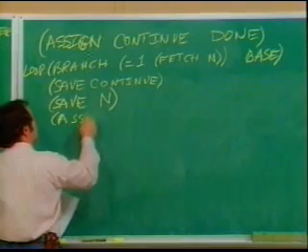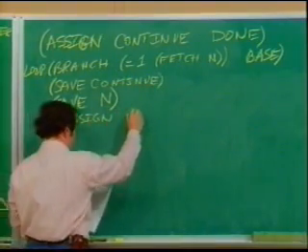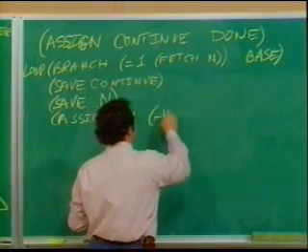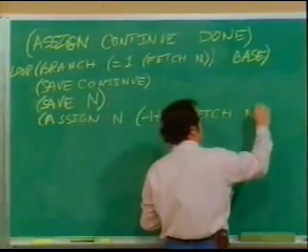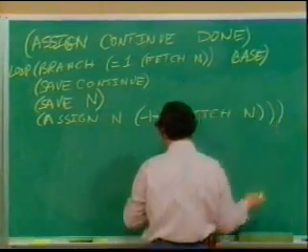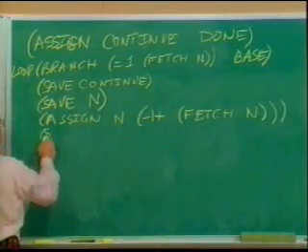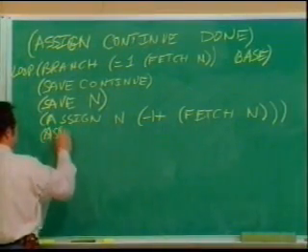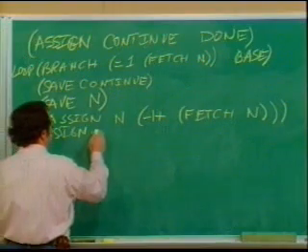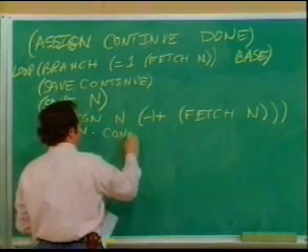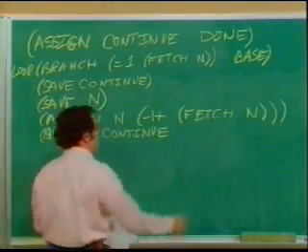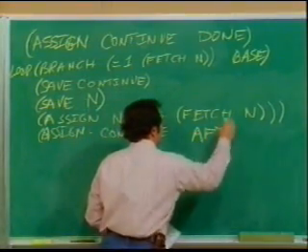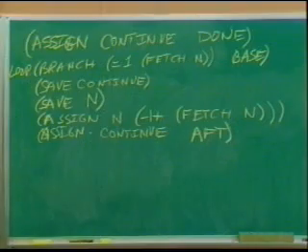Assign to n the decrement of fetch n. Assign continue, we'll call it aft. That's a good name for this. A little bit easier and shorter and fits in here.